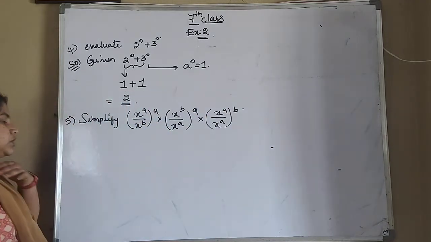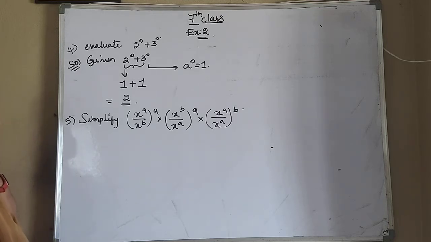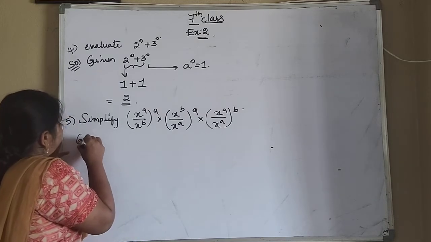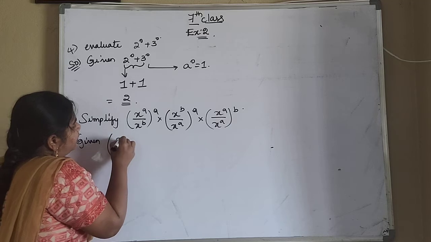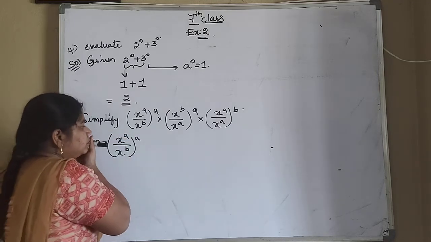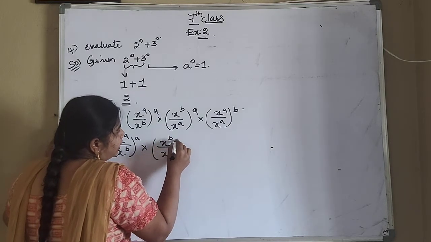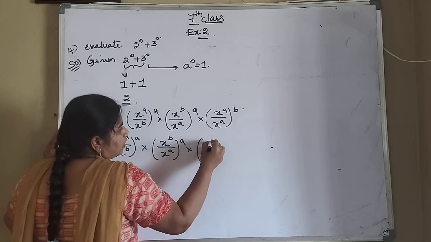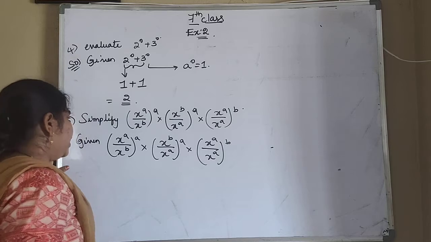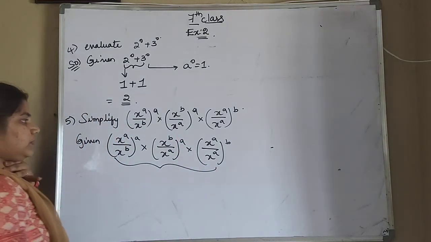Okay, so first, what can we write here? Given x power a by x power b whole power a into x power b by x power a whole power a into x power a by x power a whole power b.